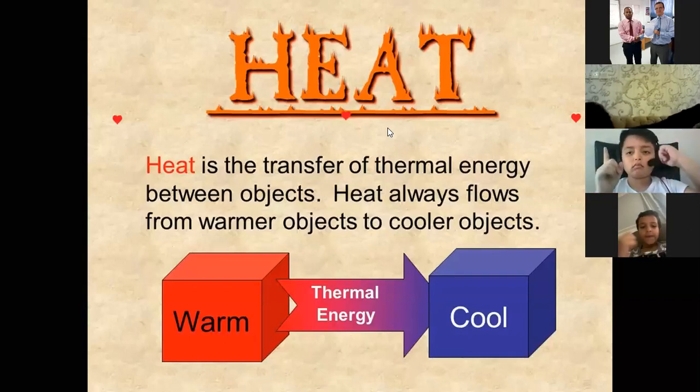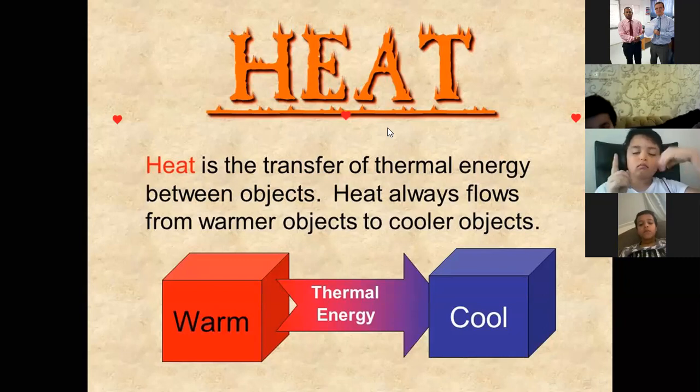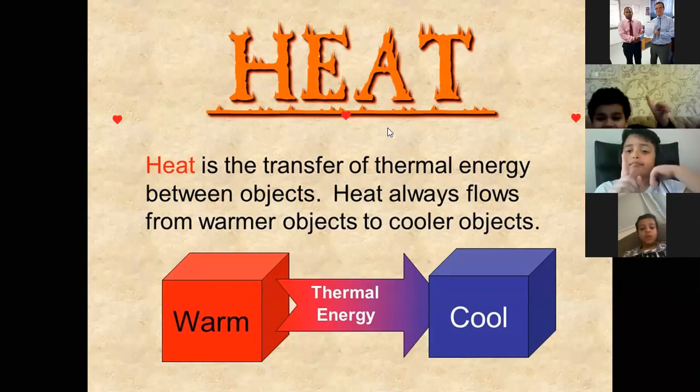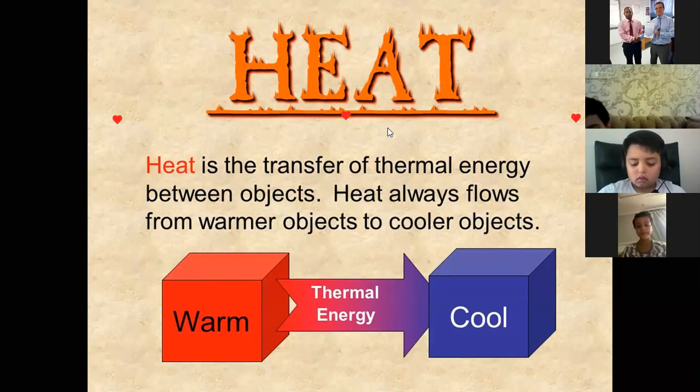Another question. Transfer of thermal energy when you touch something hot. Riyadh. Conduction. Yes, conduction. Very good, Riyadh, MashaAllah.